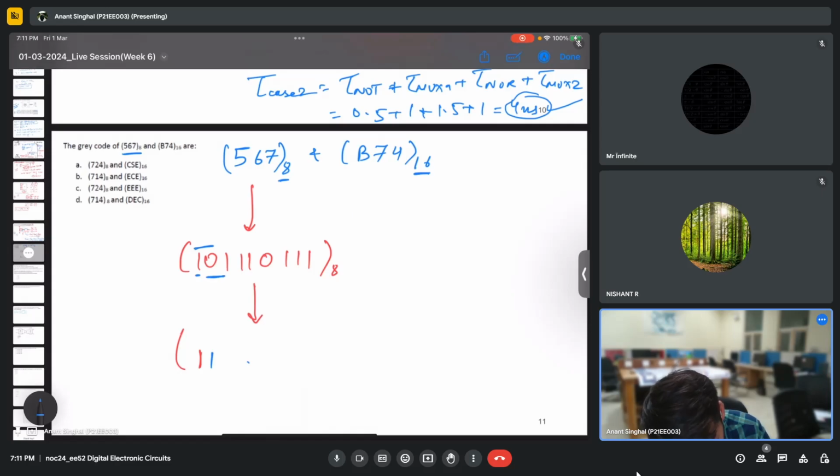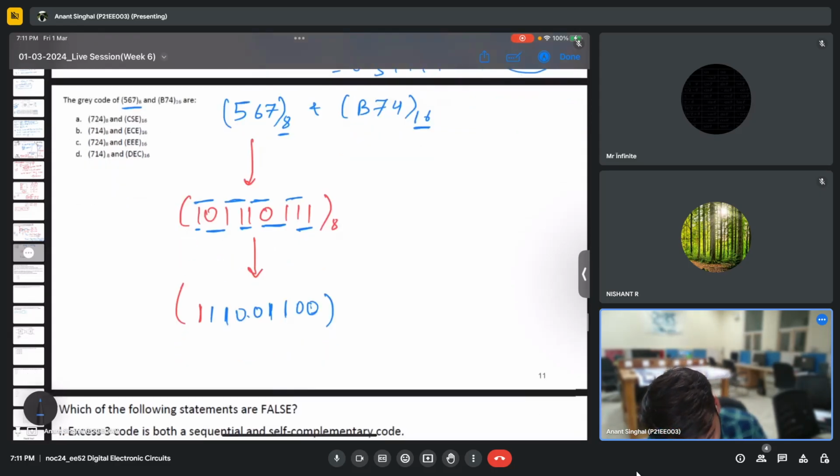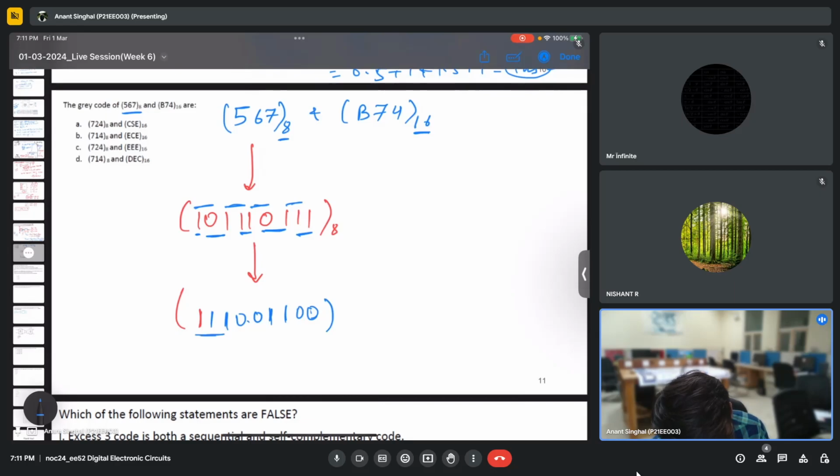I'm doing the XOR operation. 0 1 is 1, 1 1 is 0, 1 1 is 0, 1 0 is 1, 0 1 is 1, 1 1 is 0, sorry, 1 1 is 0 at the last. Now again grouping in 3 bits, this is 7 1 4.